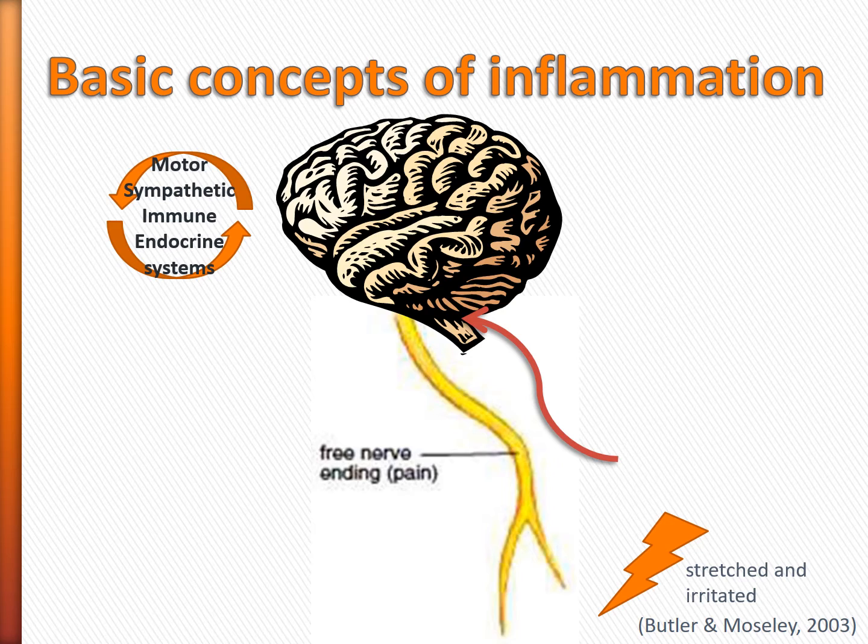The reaction involves the motor system, the sympathetic and parasympathetic nervous systems, the immune system, and the endocrine system. Therefore, you know that there are several pathways through which our brain can regulate inflammation.